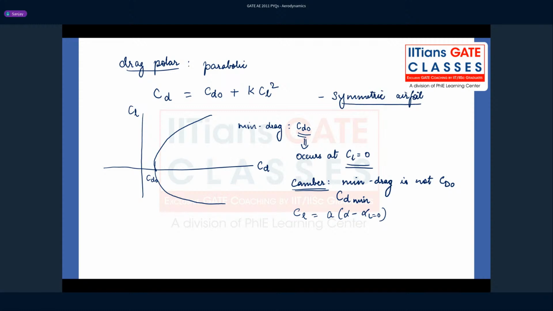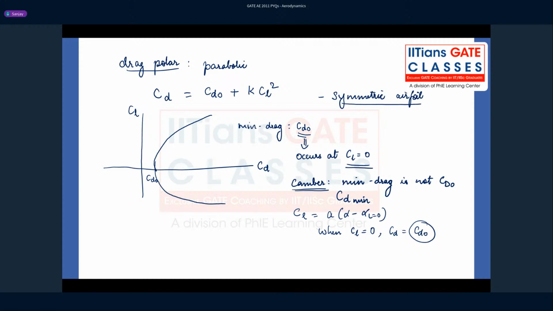So when your CL is equal to 0, CD is going to be equal to CD naught. However, this is not the minimum drag coefficient.